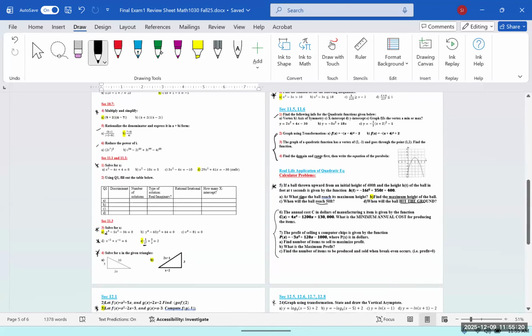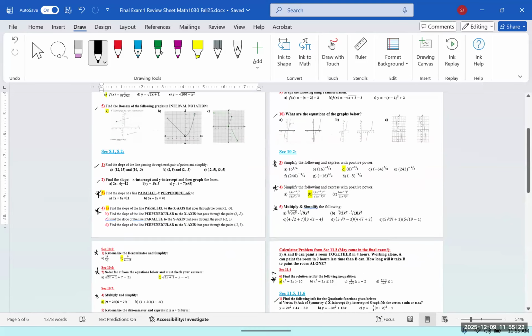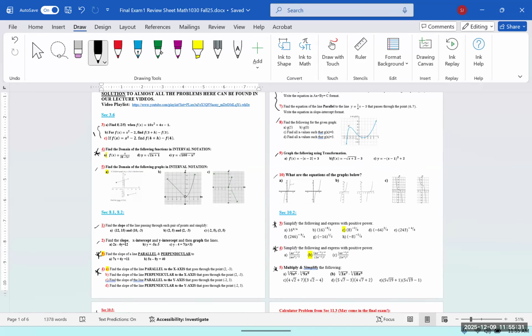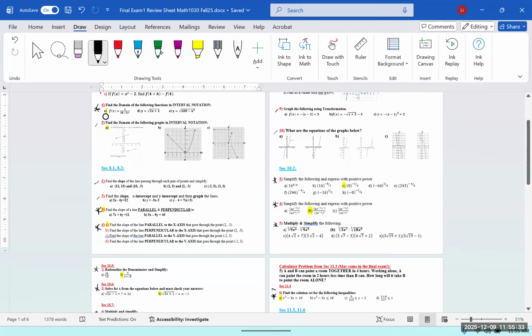We went over most of them during our lectures, and on YouTube, all lectures are arranged by their section number. So just look for the question in its proper section to see the solution.